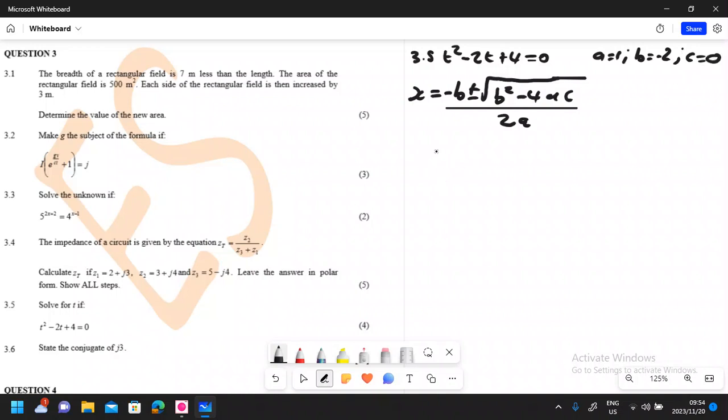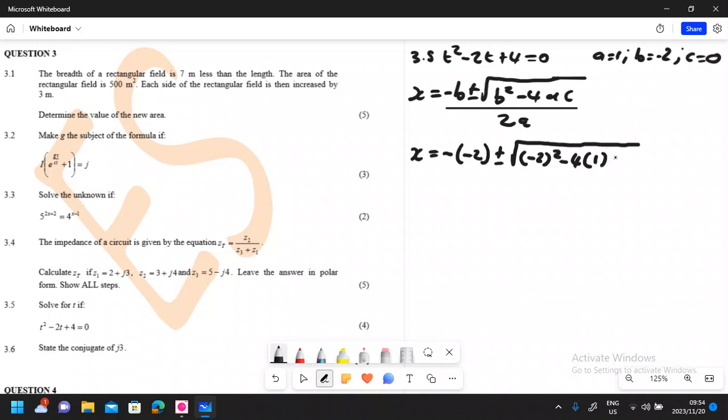All right, now it's time for us to substitute here. So wherever there is b, we have to put the negative 2 there. So it's going to be negative 2 plus or minus the square root of b squared, negative 2 squared, minus 4 times a. What is a?